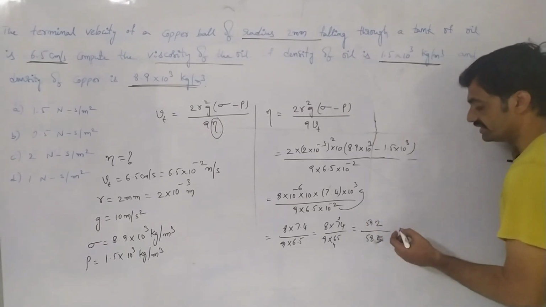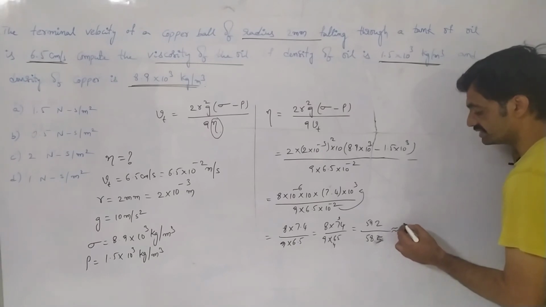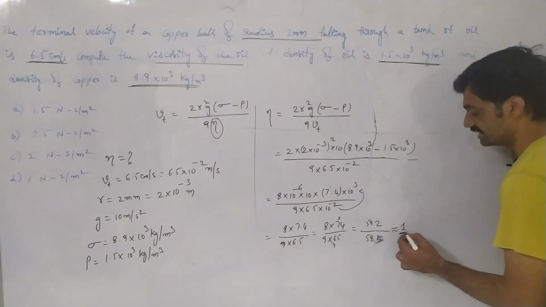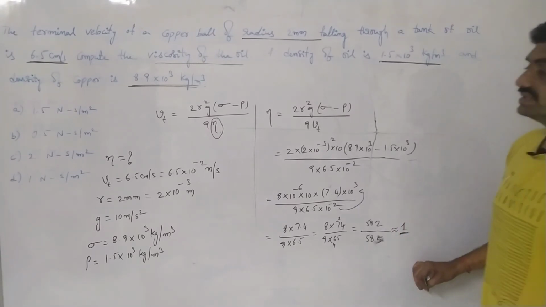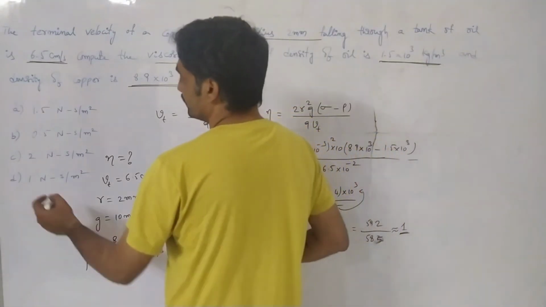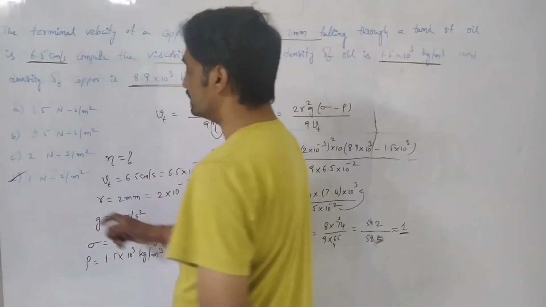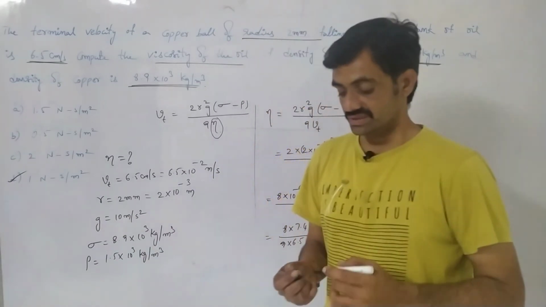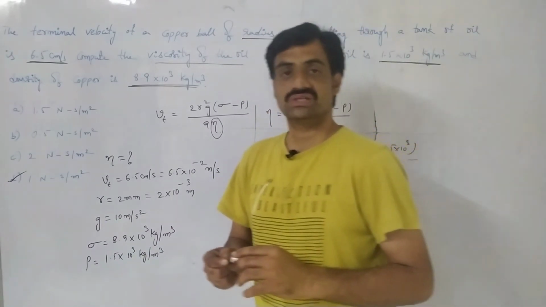So when we simplify this, we get approximately a value of 1. Based on that, we can represent that the coefficient of viscosity is 1 Newton second per meter squared. Take a screenshot.